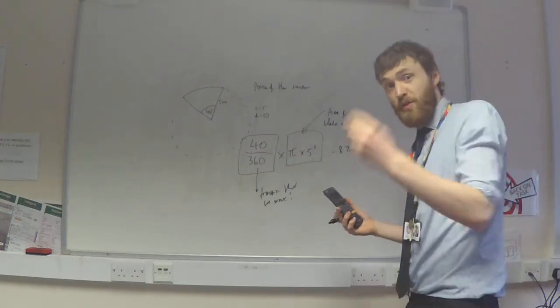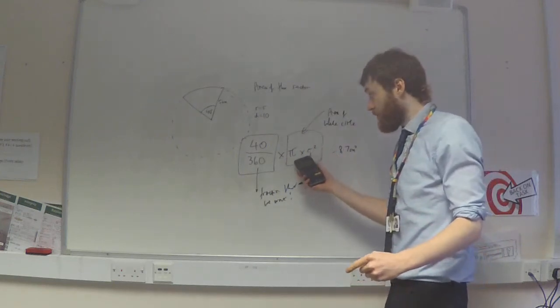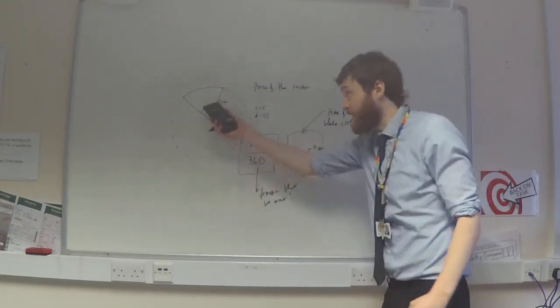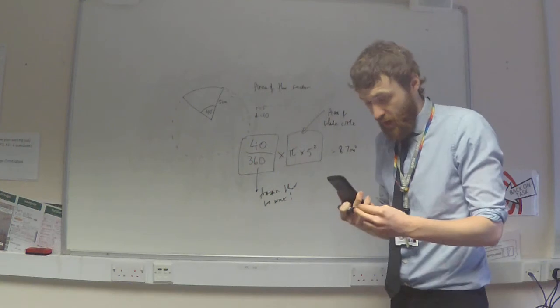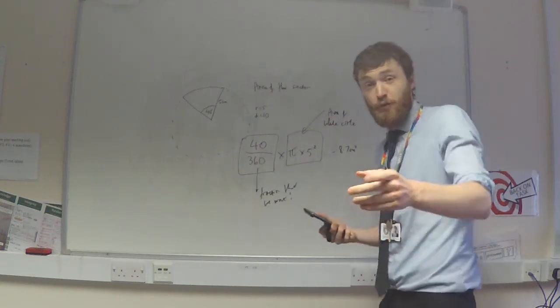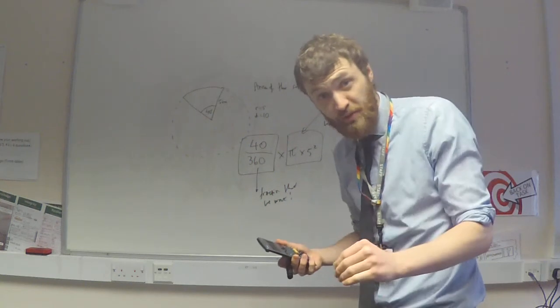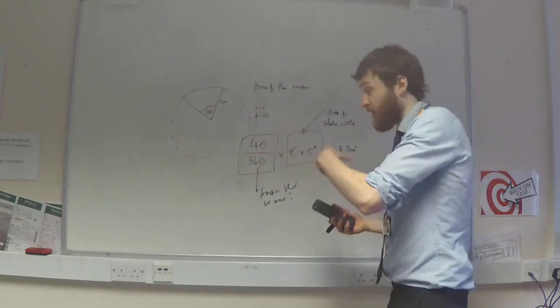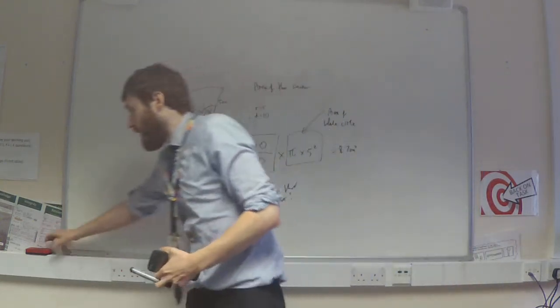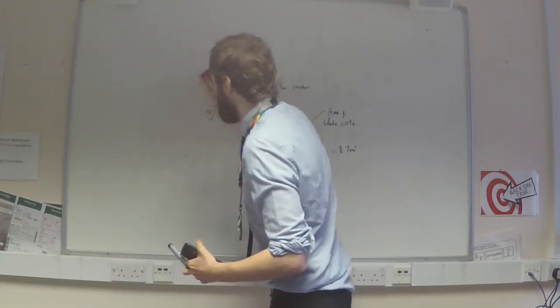Okay, so that is how to work out the area of a sector. You work out as if it was the area of the whole thing, but you put a fraction in front of it based upon the information I've given you. So I'm going to put one more example up there. If you want to pause the video and try it yourself, please do. Okay, and then I'm going to go through it once you've unpaused it.